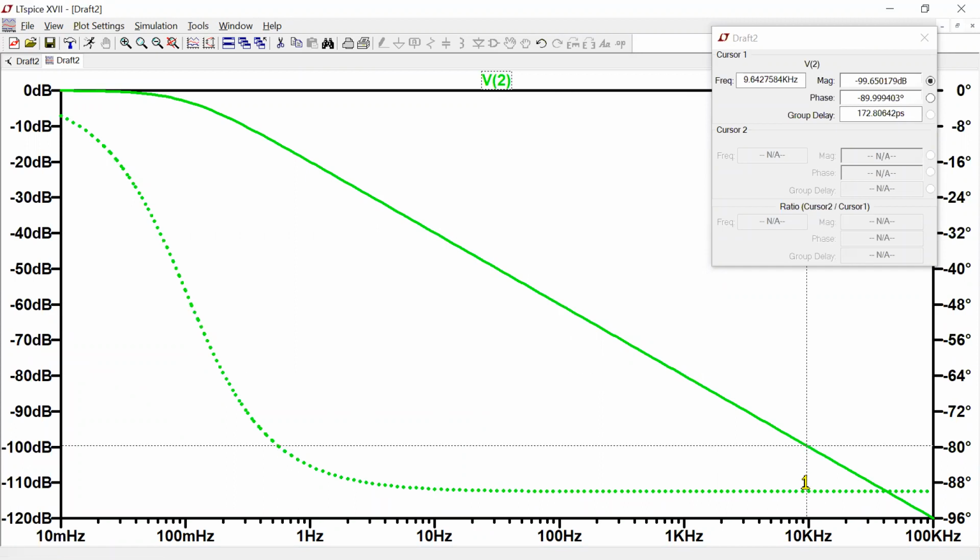Let's do 10 kilohertz, right? And so the gain at that point is minus 100 dB. So that's right at that point, right?